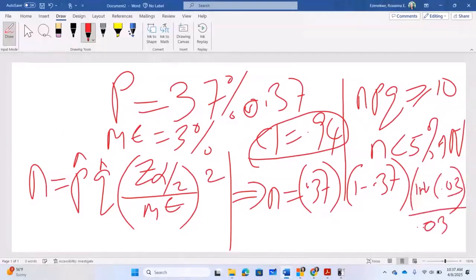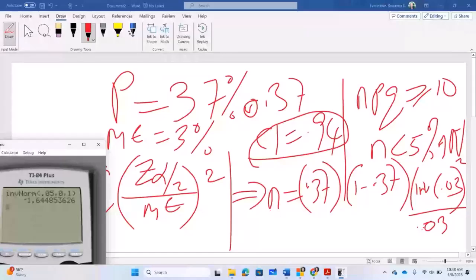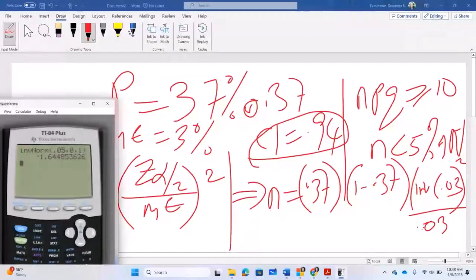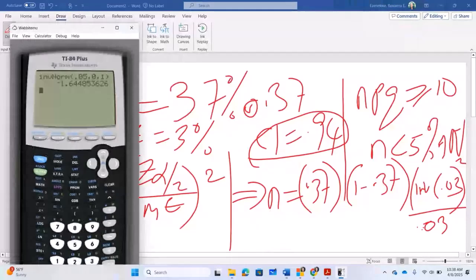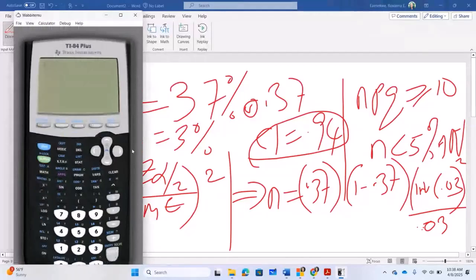So I bring out my calculator. Remember that we have to square this. So this calculation of sample size for proportion. You can be told to find the... given to you, and you have a formula sheet though. Okay, so you want to calculate the critical value first.